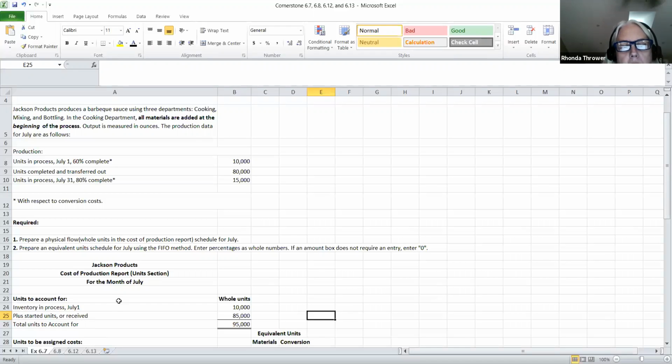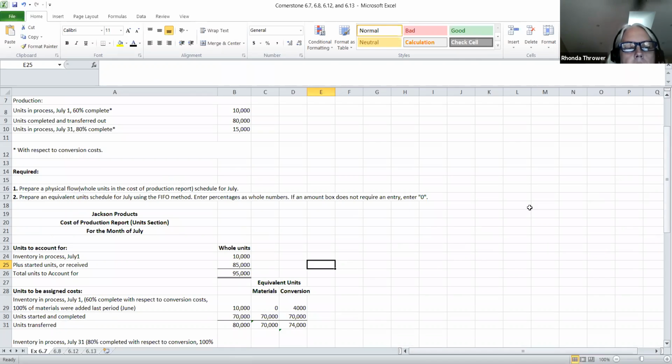And a cost of production report is basically the work in process account for a particular department. So we don't know what the name of the department was, but we do know that we're preparing a schedule of the whole units, and this is how we would do it here in the cost of production report.